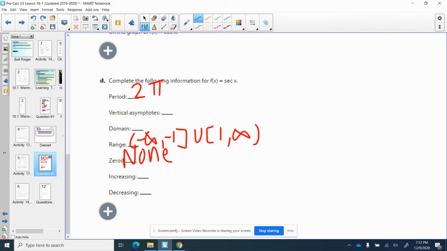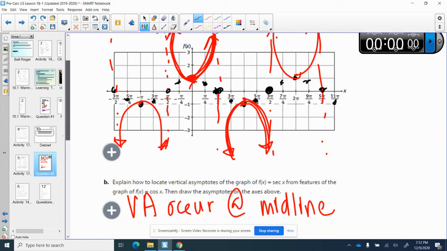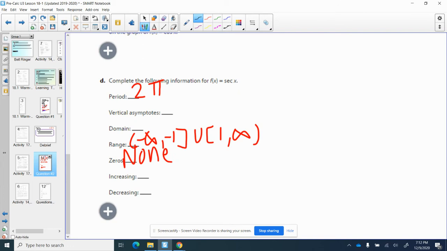This time, though, our vertical asymptotes are not at 0, pi, 2 pi like they were last time. They're at the pi over 2 halves, if you will. So, for instance, here was 1, so pi over 2, 3 pi over 2, 5 pi over 2, all that fun stuff. So the vertical asymptotes then, this first one here, is at (2k plus 1) pi over 2.